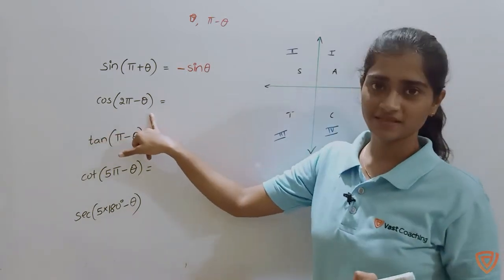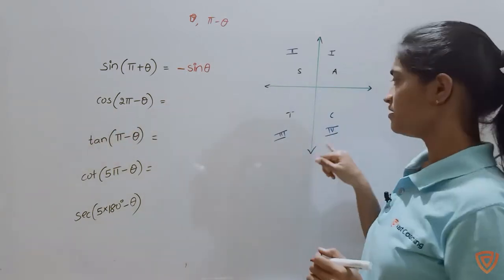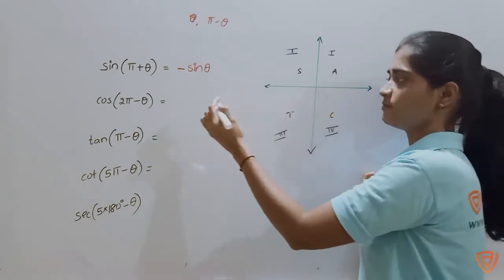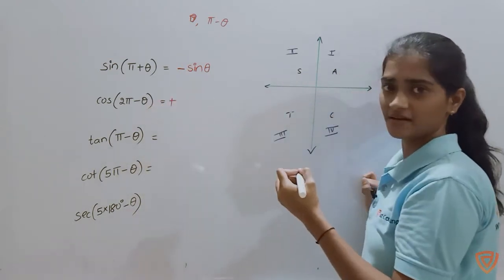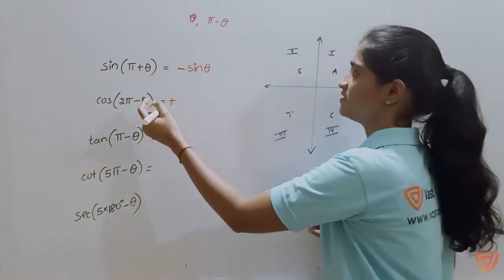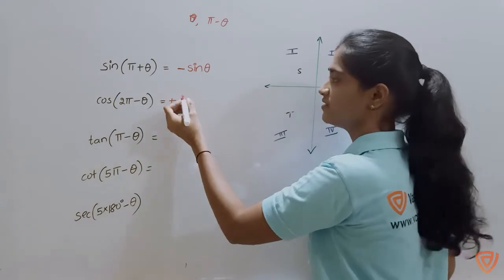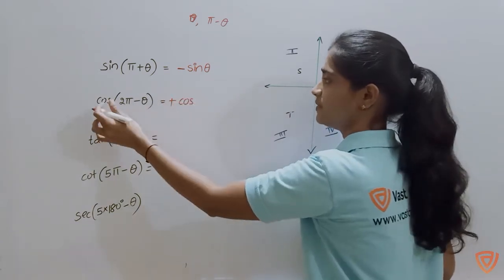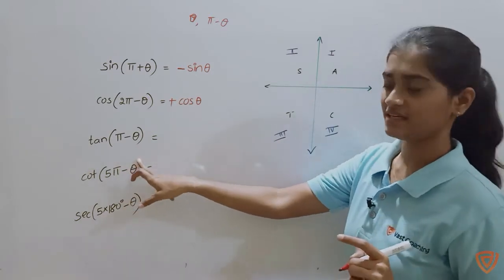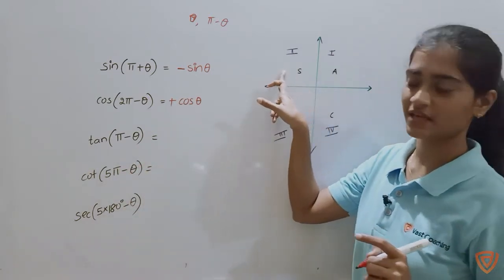Cos 2 pi minus theta, it lies in the fourth quadrant and cos is positive, so you will place the positive sign. Whenever it's a multiple of pi, there will be no change, so it will be cos theta. Tan pi minus theta falls in the second quadrant.